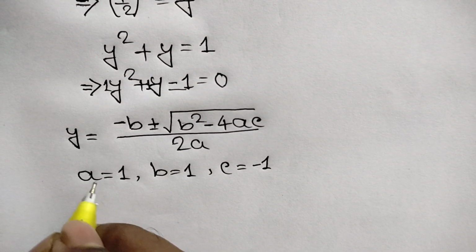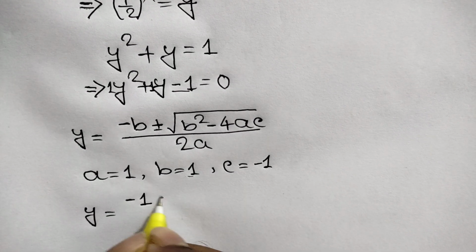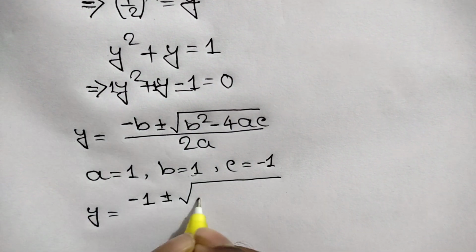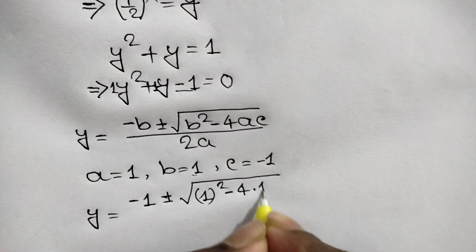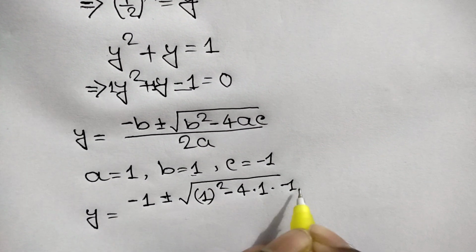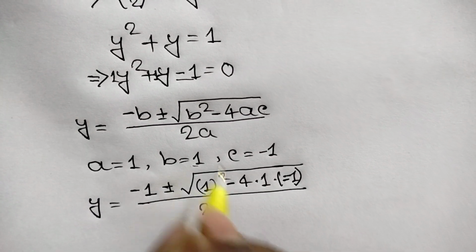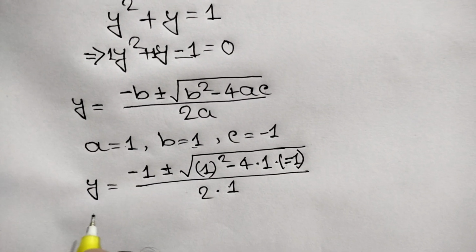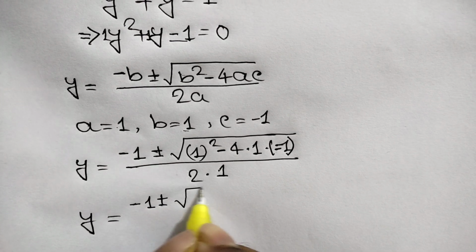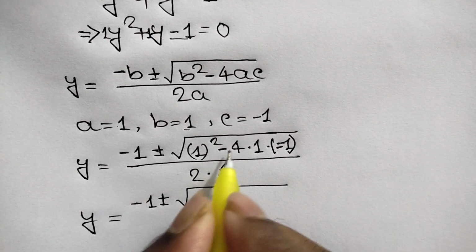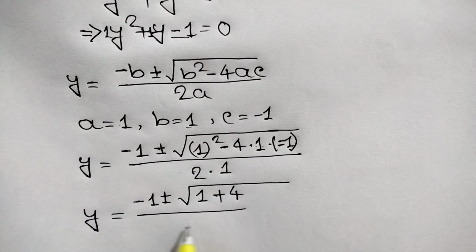So y is equal to minus 1, because b is equal to 1, plus minus square root of 1 square minus 4 times a, which is 1, times c, which is negative 1, over 2 times a, which is 1. So y is equal to negative 1 plus minus square root of 1 square, that means 1; negative times negative is positive and 4 times 1 is 4, over 2 times 1 is 2.